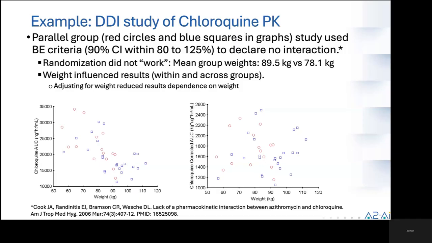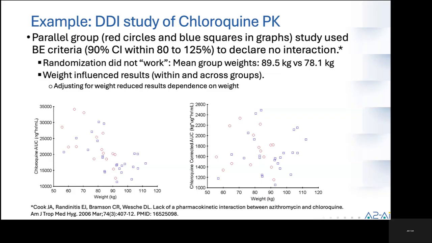So we ran the studies one might typically do. Randomization didn't work. And what I mean by that is the heavier subjects tended to appear in one group while the lighter subjects appeared in the other group. And as you can see on the left, weight influenced the results both within and across groups. You see a clear trend that the larger you are, the lower your AUC was.